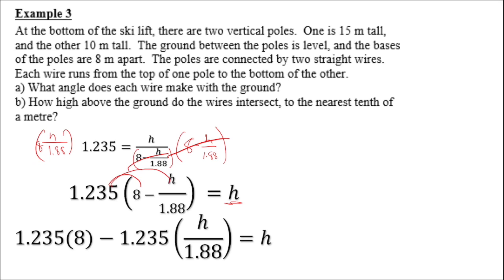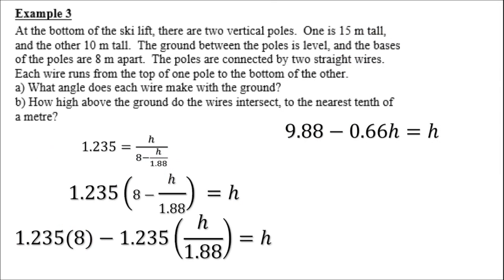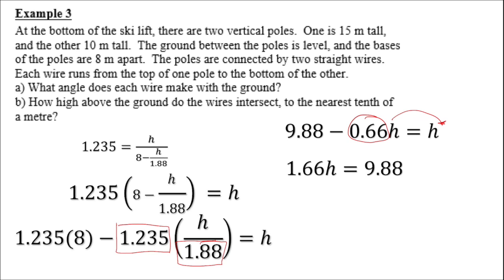Distribute this 1.235 to both. It's just a little bit of complicated math here. And 1.235 times 8 is equal to 9.88. 1.235 divided by 1.88, that's where I got my 0.66H. Move that to the other side, that becomes a plus, 1.66 H. And then we do the division, and our height is 5.95.